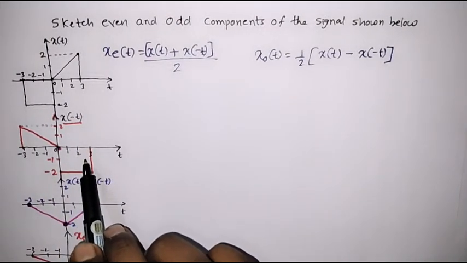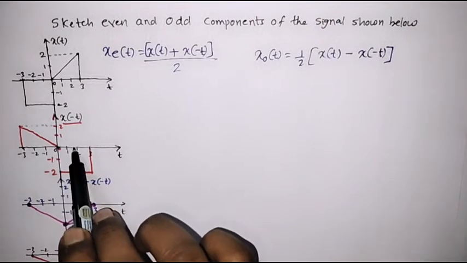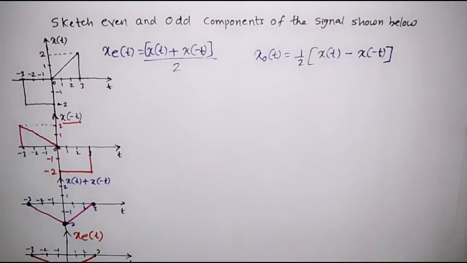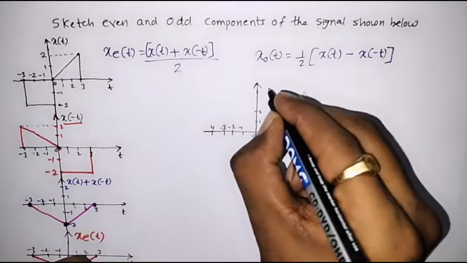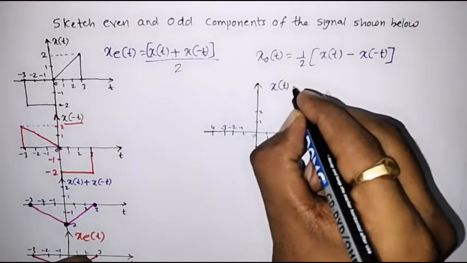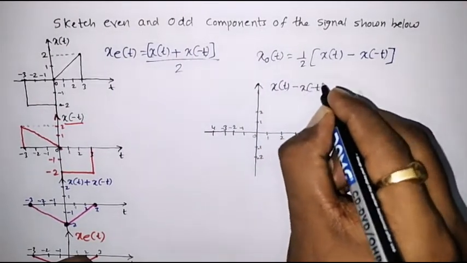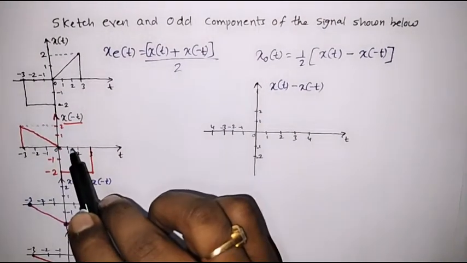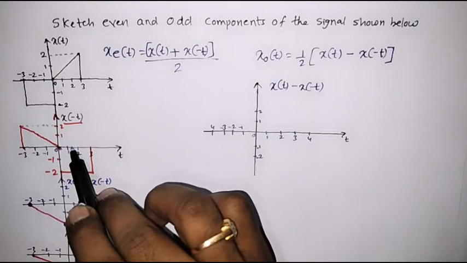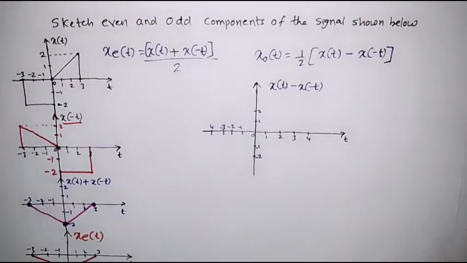Now we are supposed to subtract this x of minus t from x of t. So now let this be the x of t minus x of minus t signal.